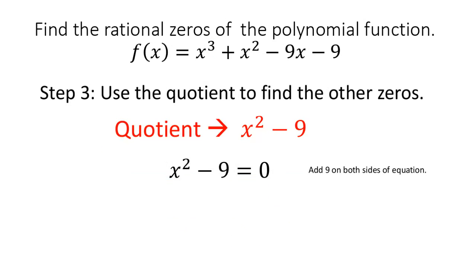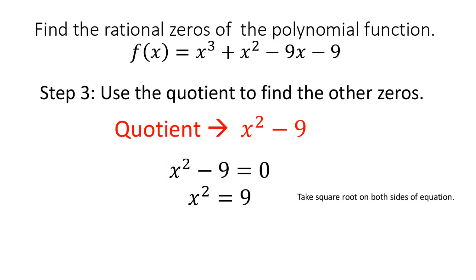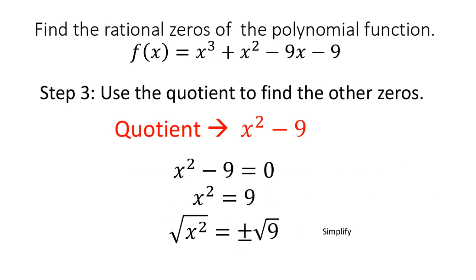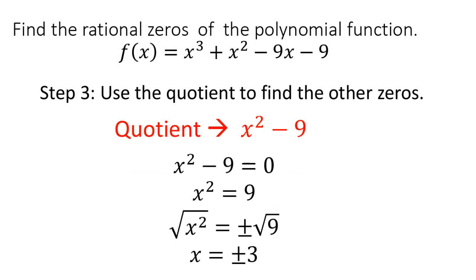Okay, so we use our quotient, and we're going to use it to solve for the rest of the zeros. So I'm going to add 9 on both sides, and I get x squared equals 9. I'm going to take the square root on both sides, and then I'm going to simplify. So I get that x equals plus or minus 3. So those are going to be my other 2 zeros.